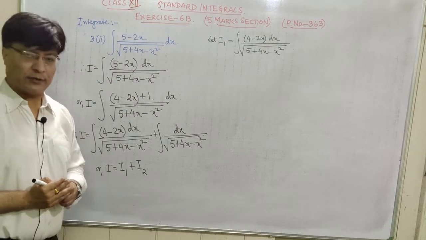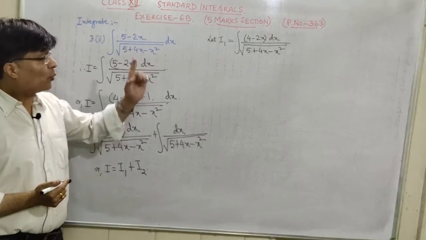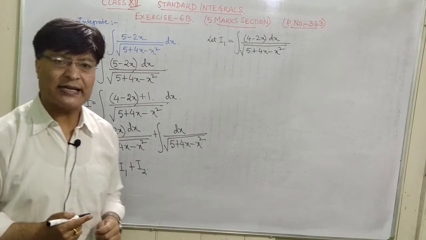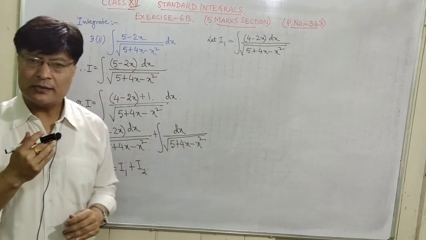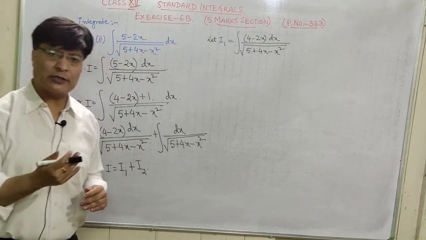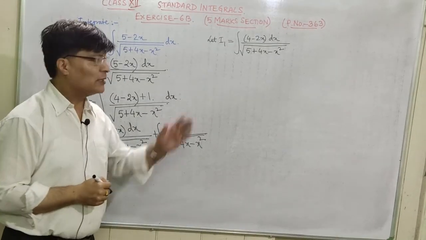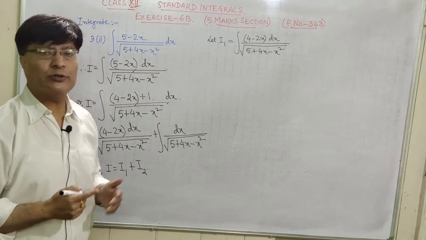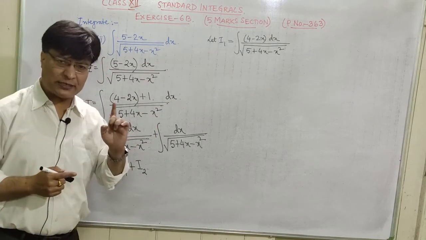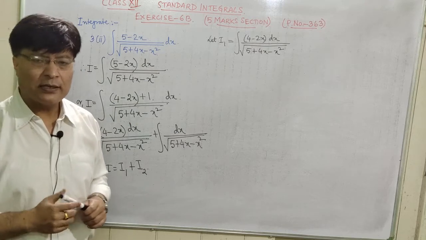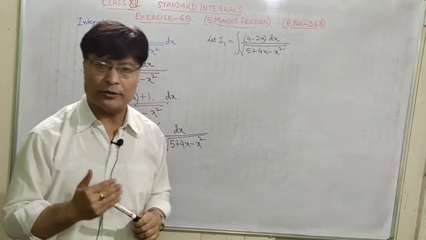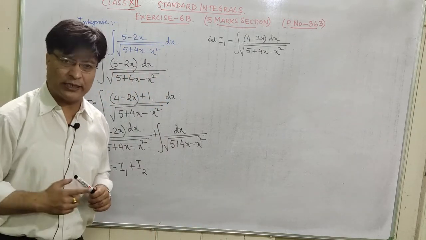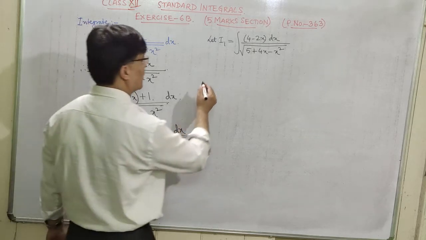So I think you have understood it. Okay. So what is the method for integrating this I1? That is, if you differentiate the expression on the square root, you will get the numerator, isn't it? So that means in this case you have to do the method of substitution. But I already told you that the expression is on the square root and that is also in the denominator. So we can assume z square.